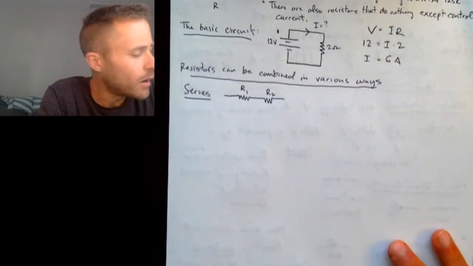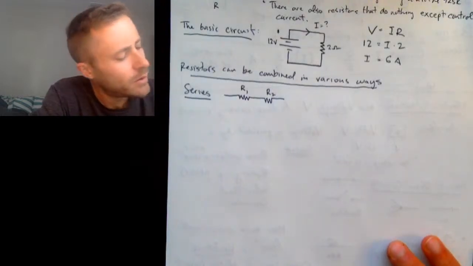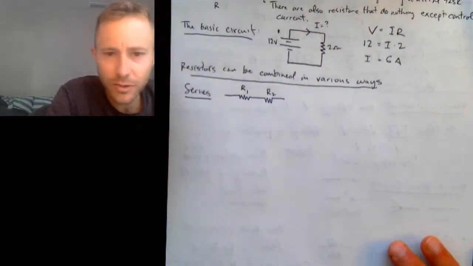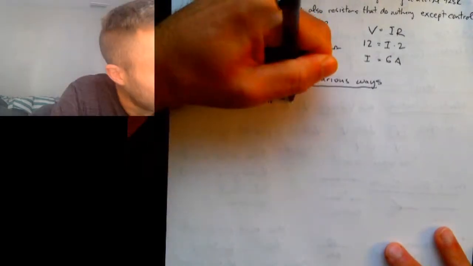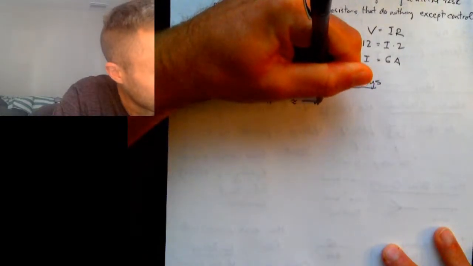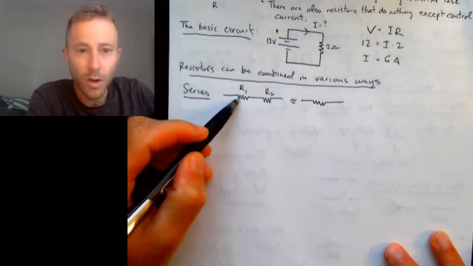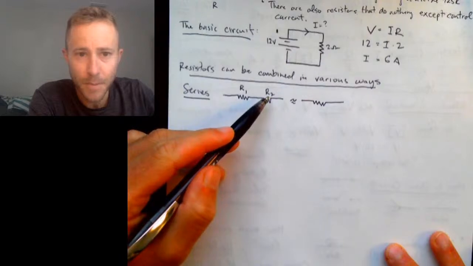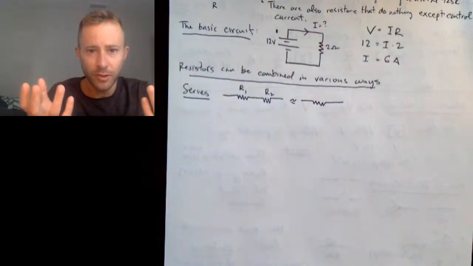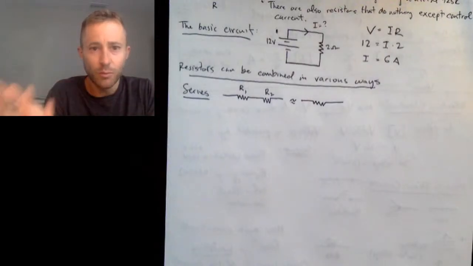And so it turns out that when you combine two resistors like this, it is equivalent to a single resistor. So maybe this is one light bulb and this is another light bulb. Then from the perspective of the battery, if we have two light bulbs in a circuit, the battery just sees it as one resistor.